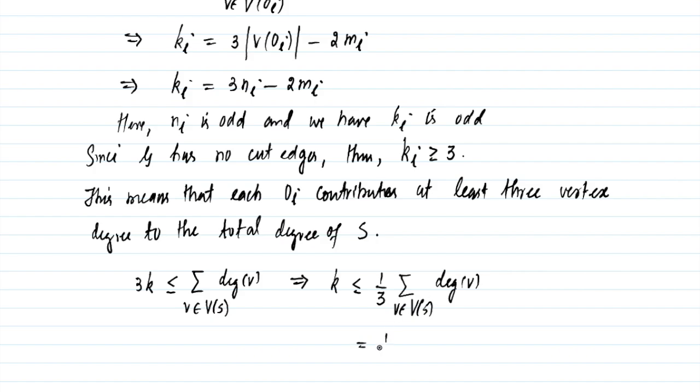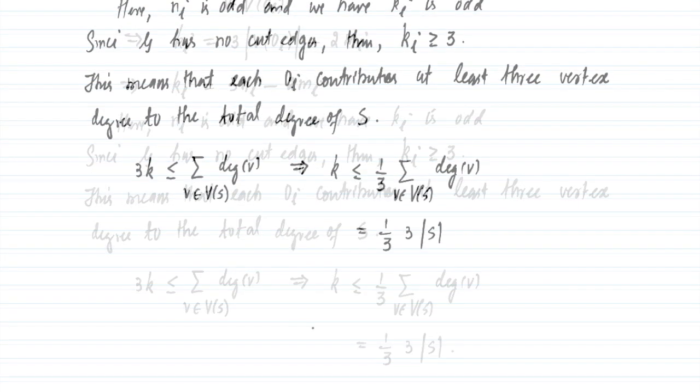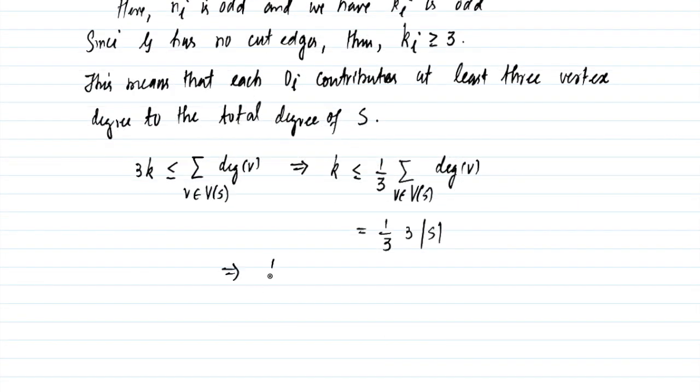So this is equal to 1 divided by 3 into 3 times the order of S. So this finally implies K is less than or equal to the order of S.